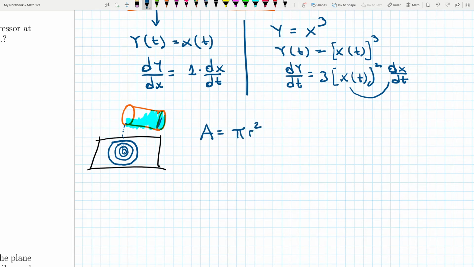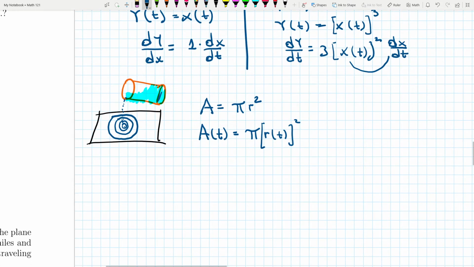In this situation, we are going to introduce this third-party variable, time. Both the area of that circular shape due to pouring the water and the radius change with respect to time.